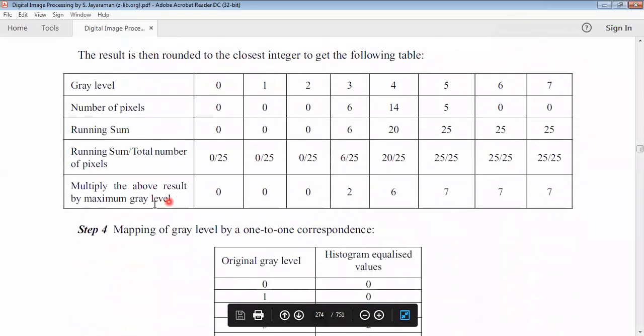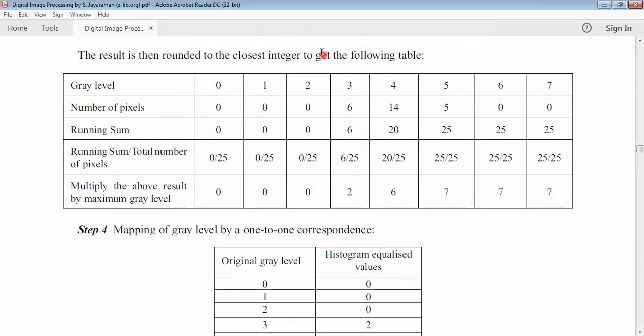So these are the new gray level values, and these are the old gray level values. Okay? These are the old gray level values and these are the new gray level values. How did we map 0? How did we map 0?